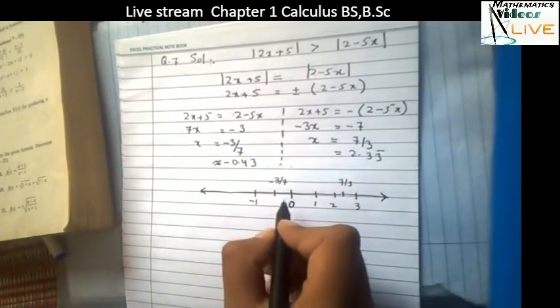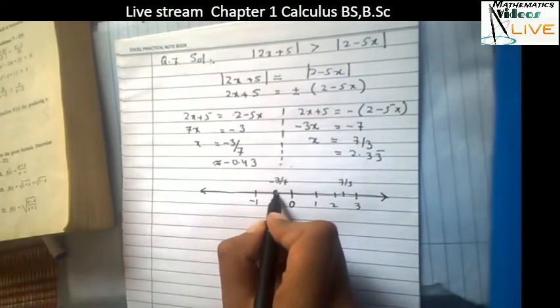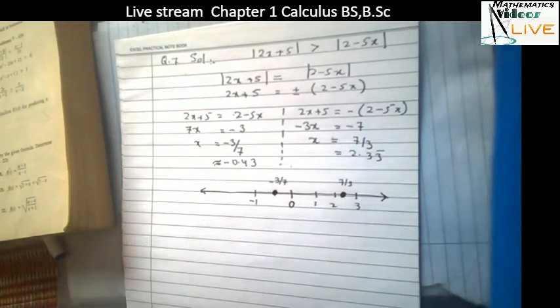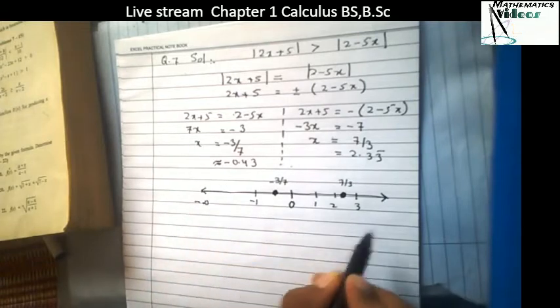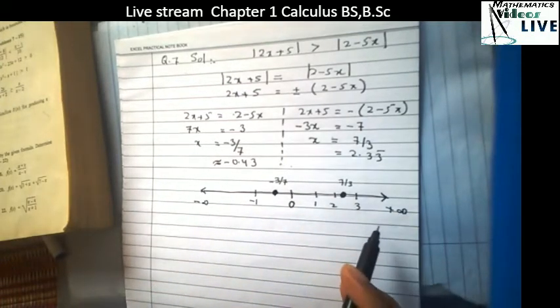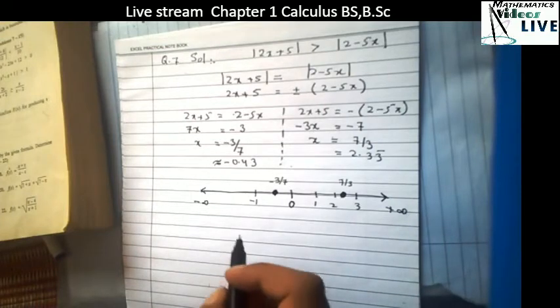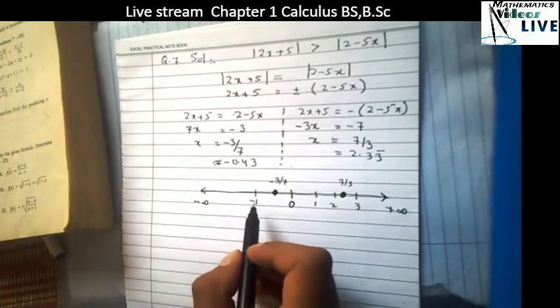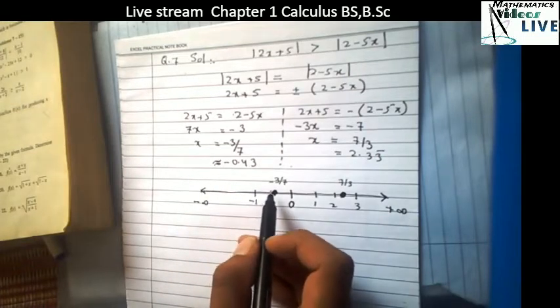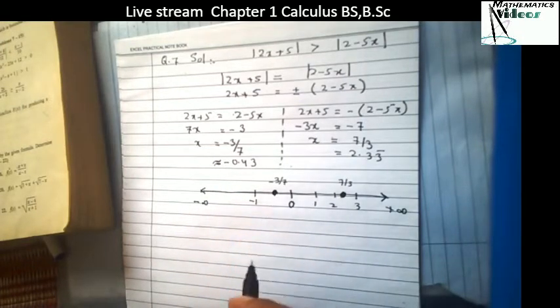And similarly 2.33, 7 by 3, this is 1 and this is 2 and this is 3. 2.33 lies somewhere between 2 and 3, and it would be here, for example, and it is 7 divided by 3. We highlight these two boundary points.